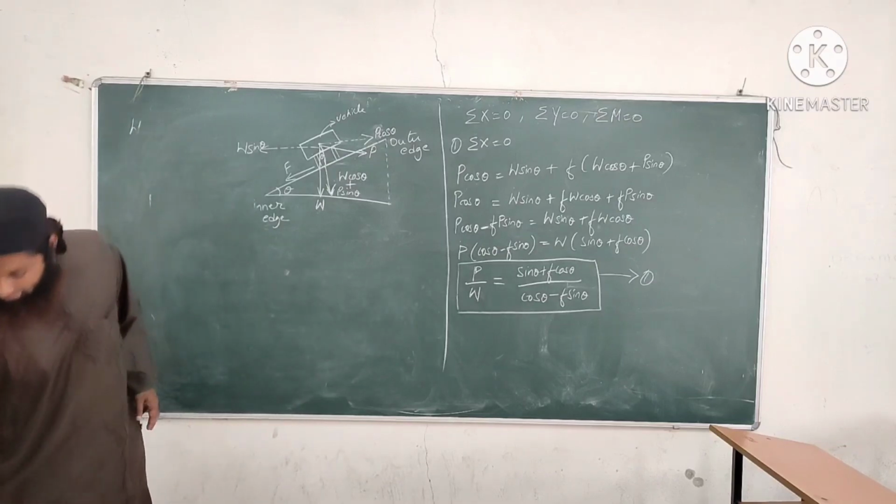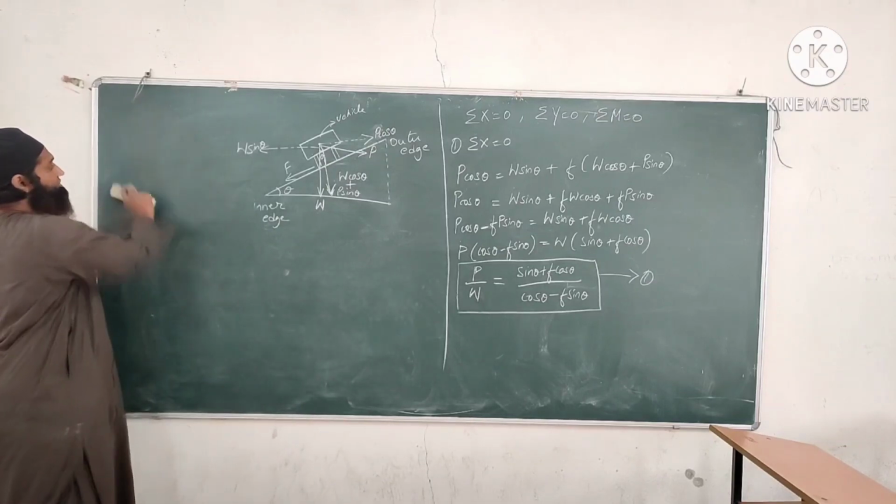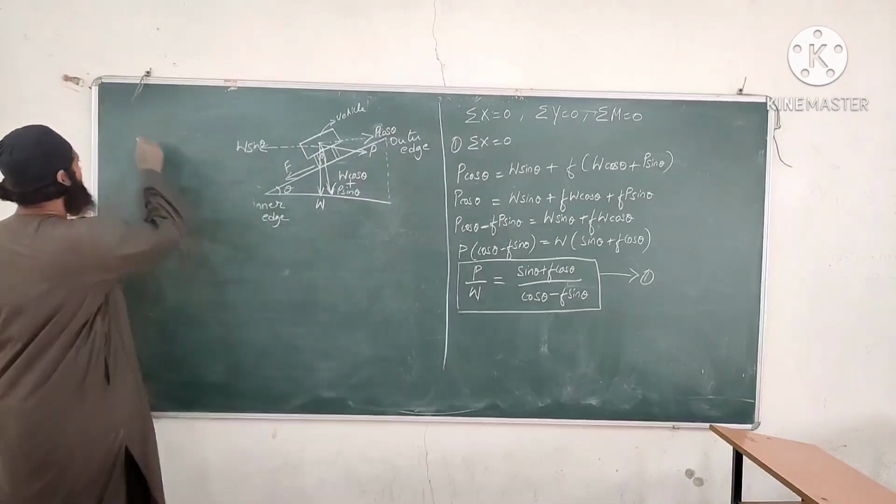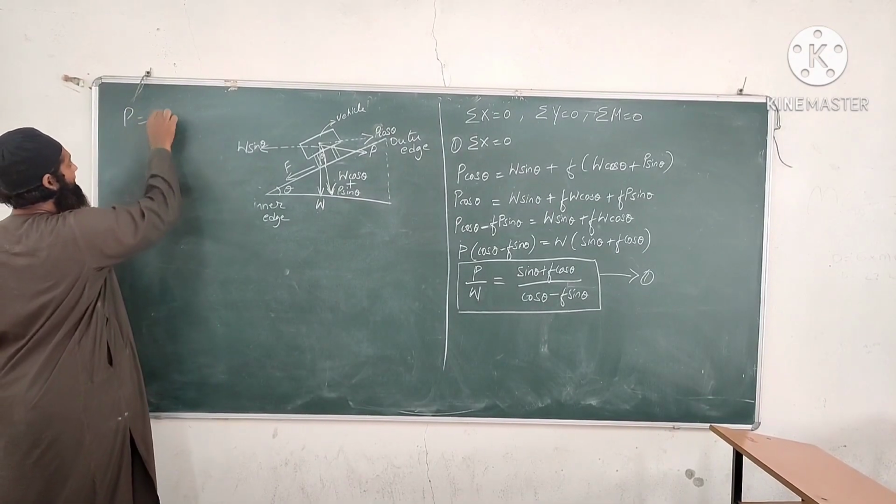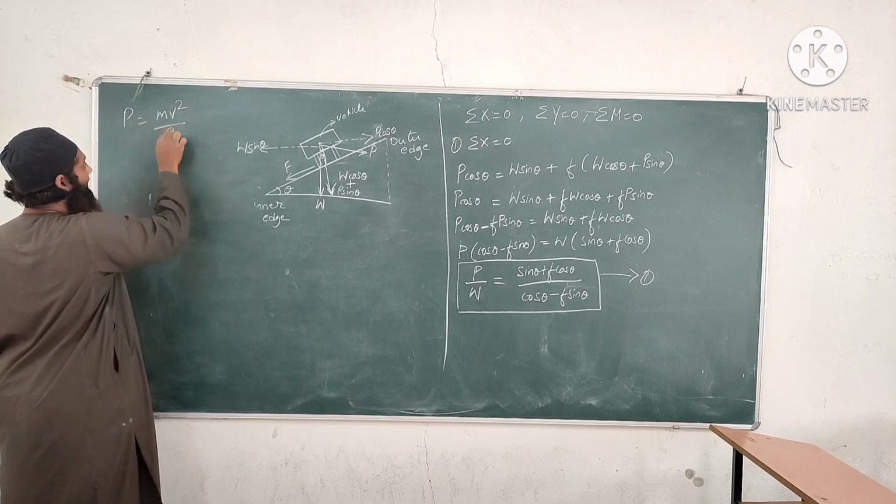As we know, P is the centrifugal force, that is mv square by r.